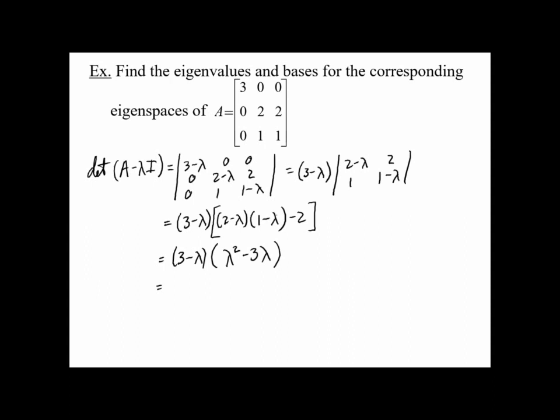Let me see, so this would be 3 minus lambda. I can pull out a lambda and I'm left with lambda minus 3. And then the last thing is I'm going to notice that I can take a negative out of the first parentheses. And so this becomes lambda minus 3 squared. And so my eigenvalues are 0 and 3.